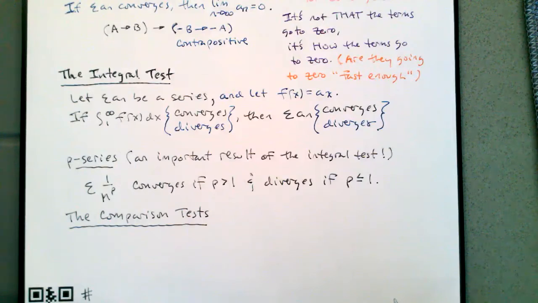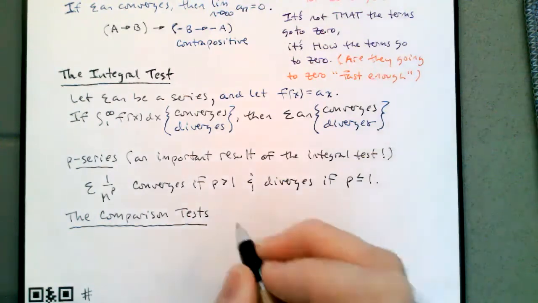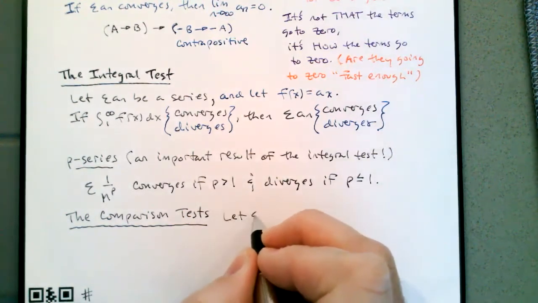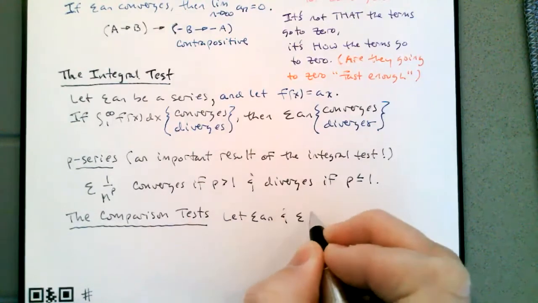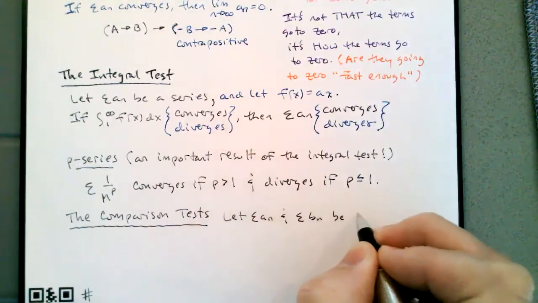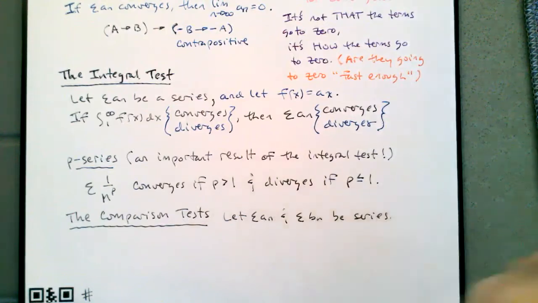We're going to start off with, let a_n and b_n be series, because there's going to be a comparison. One of the series is the given series that we're trying to determine converges or diverges, and the other one is a known convergent or known divergent series.